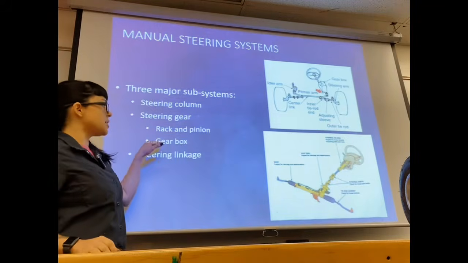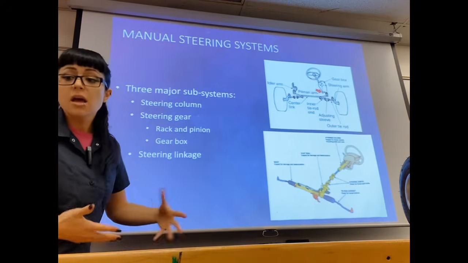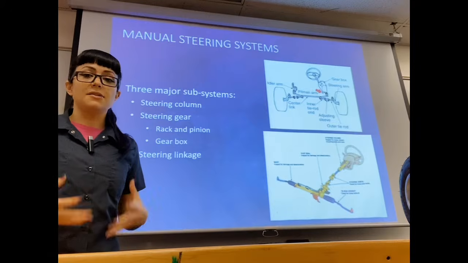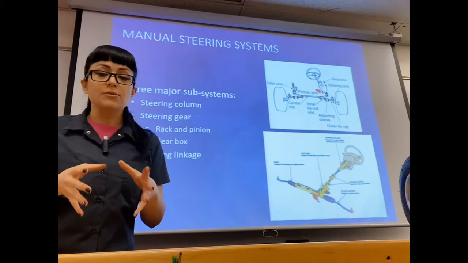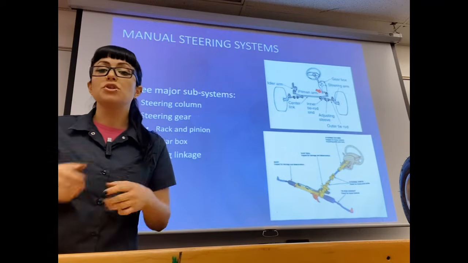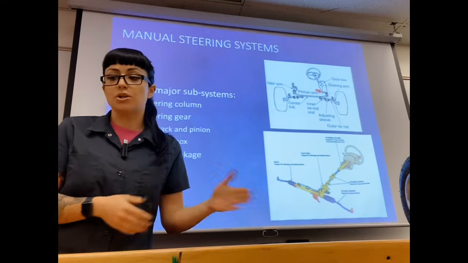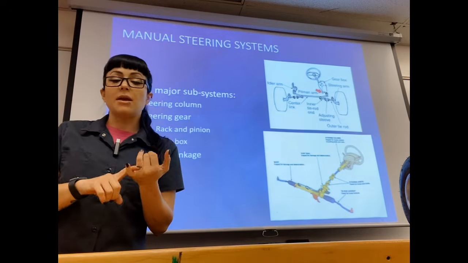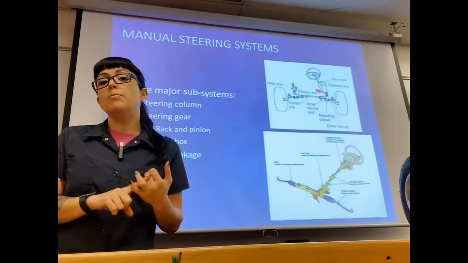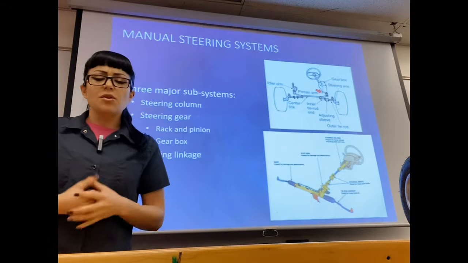For the longest time they used a steering gear box, not to be confused with a steering gear. A steering gear is whatever you're using to change the rotary motion to an angular or sweeping motion. Now that can be a rack and pinion or a gear box, and we'll get into those in a moment here.